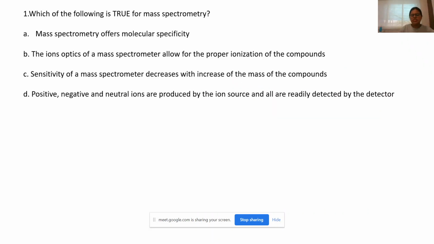So this is the first question of the mass spectrometry based assignment.